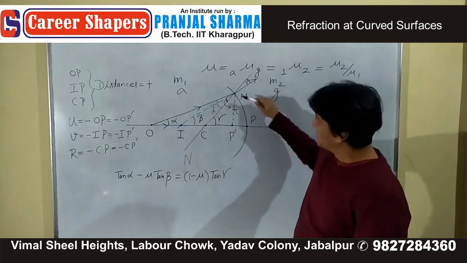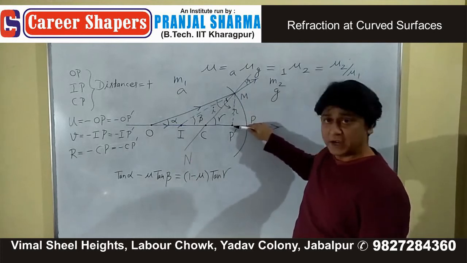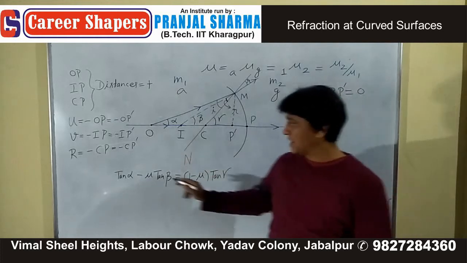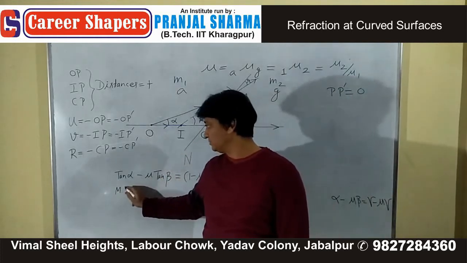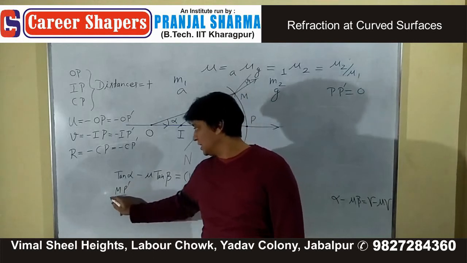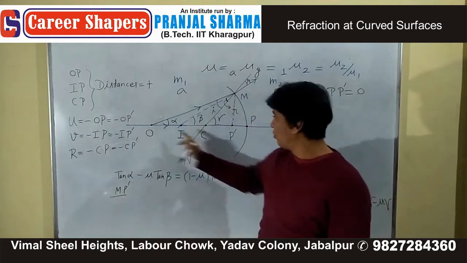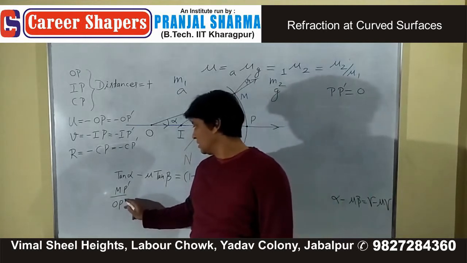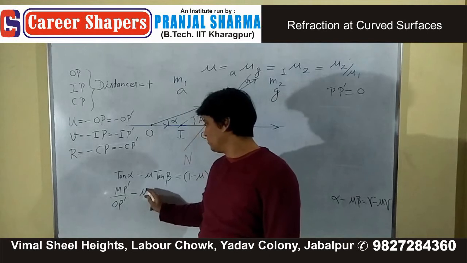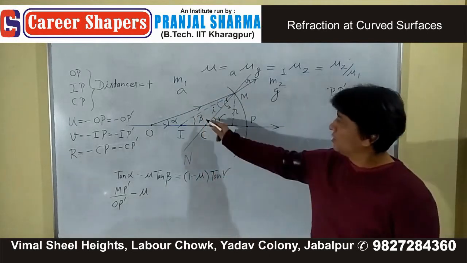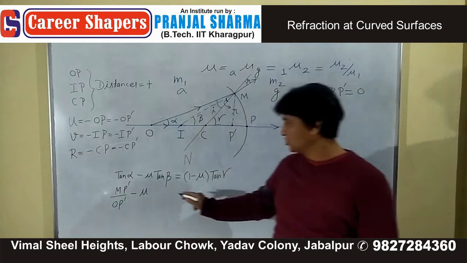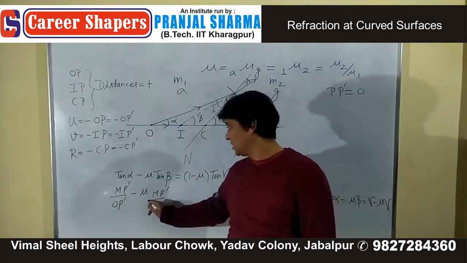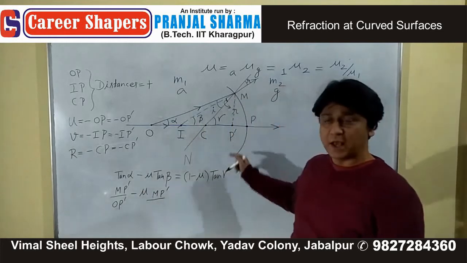Tan alpha is perpendicular, which is MP dash upon base OP dash. Tan alpha is MP dash divided by base, which is OP dash, minus of mu times tan of beta. What is tan of beta? MP dash divided by IP dash.